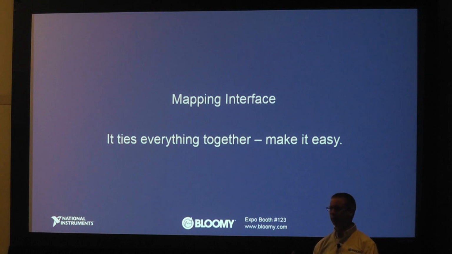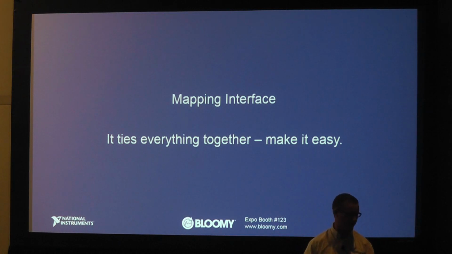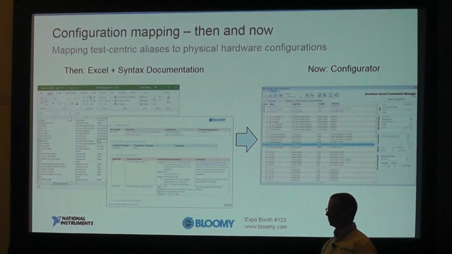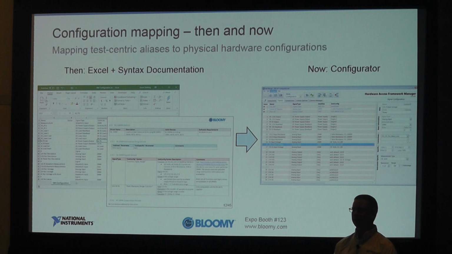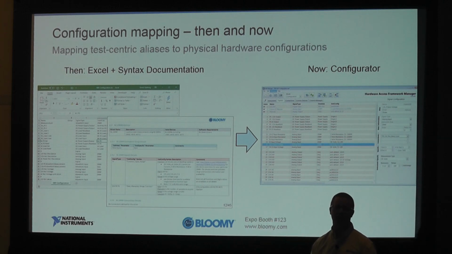The mapping is really where you define all of the I/O of your system and how you're going to interact with the unit under test and translate that to the instrumentation. So the key is to make it as easy as possible for the most people possible. And so when I started writing our EFT module back in 2010, we had an Excel configuration file. So everything was an Excel file.